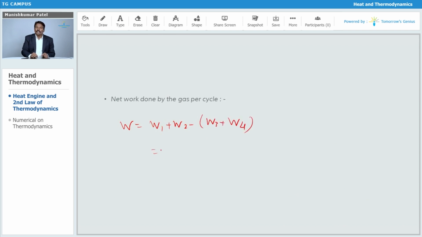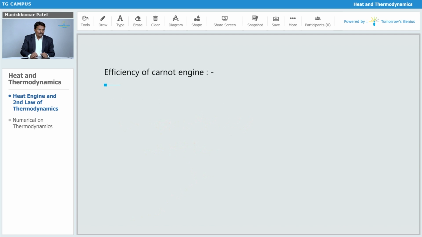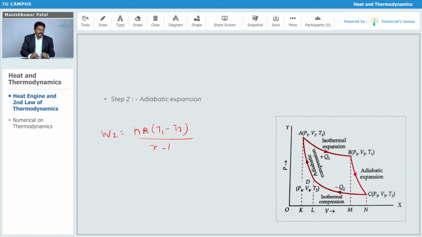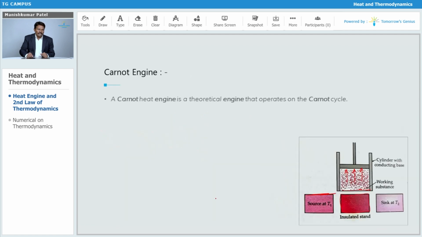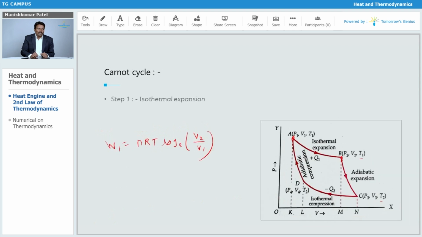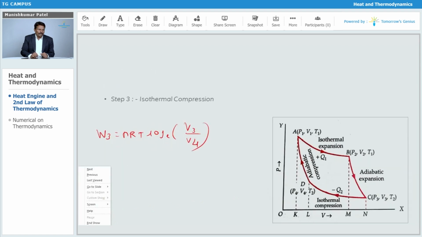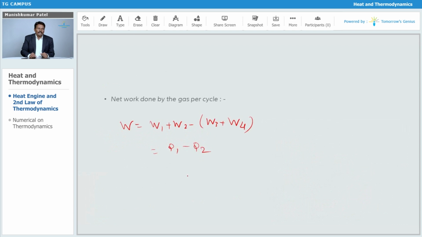Q1 is the amount of heat gained when the gas expands, and the heat released in the 4th step, released to the sink, is Q2. This is how you can calculate the work done.